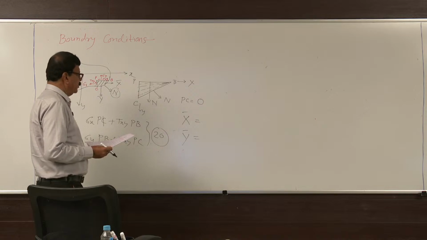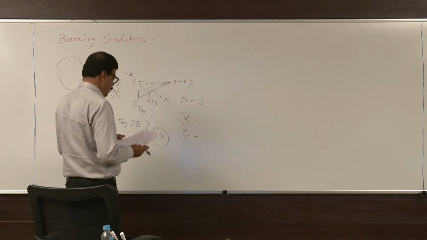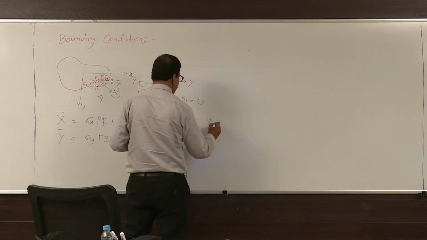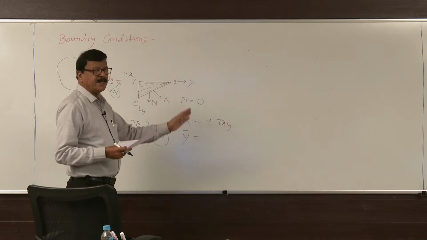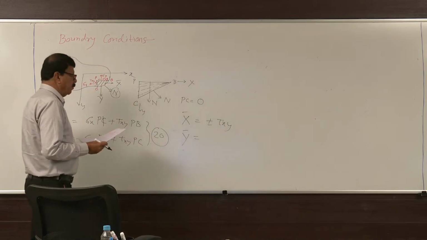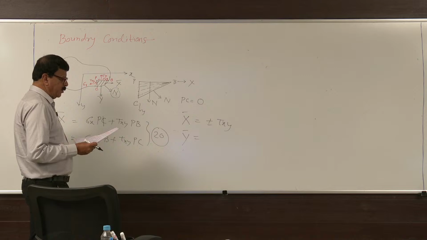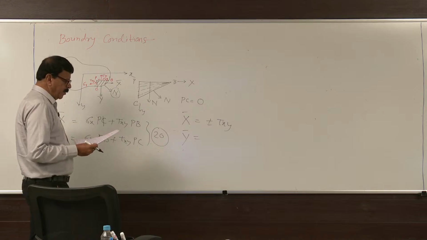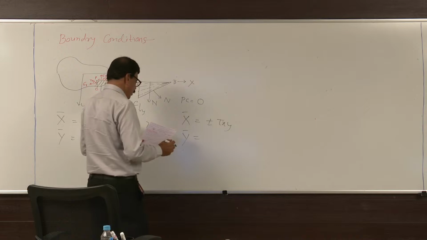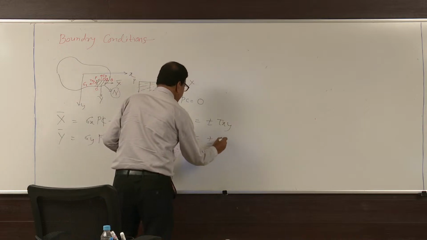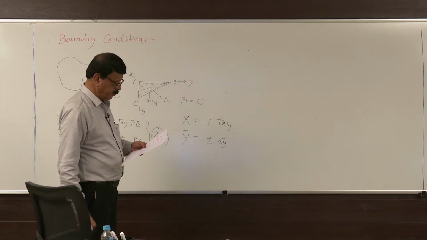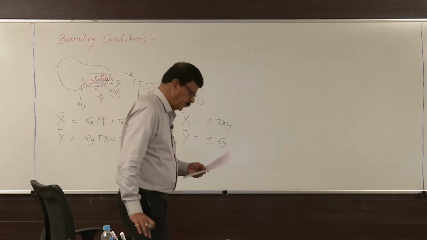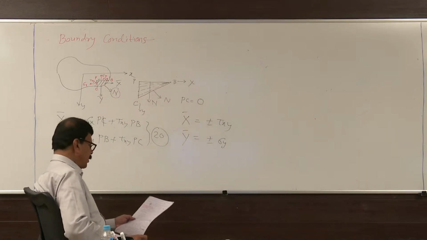If you put the PC is equal to 0, the first equation is plus minus tau xy, because the sigma x into PC is 0. PC is 0, therefore sigma x into PC is 0. Similarly for the y is equal to plus minus sigma y. Equation 20 becomes like this.